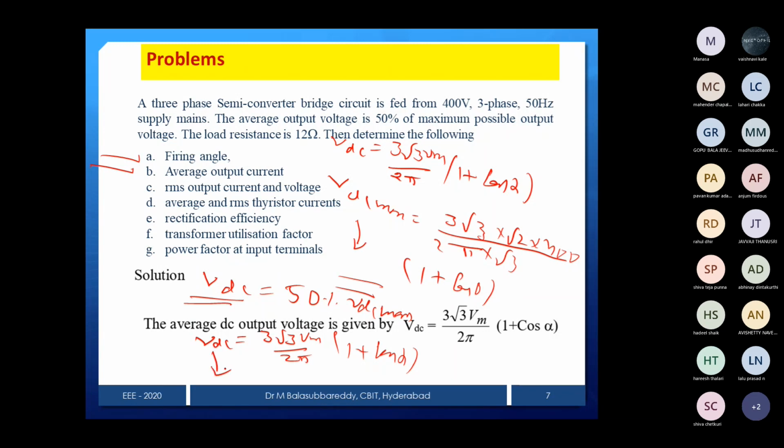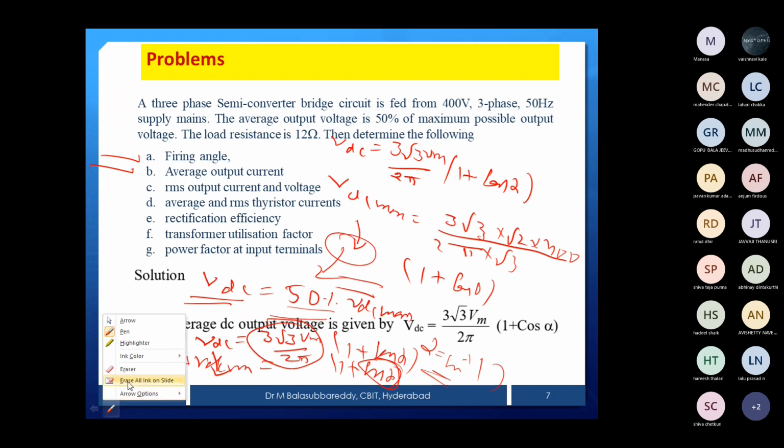I know VDC from this: whatever VDC maximum value you get, suppose it is 400, or maybe 308, some value, I will show that value also, into 0.5, that is your VDC. You can put 0.5 into VDC maximum equal to this value into 1 plus cos alpha. The unknown is cos alpha, and from that alpha is equal to cos inverse of that, which will give the firing angle.